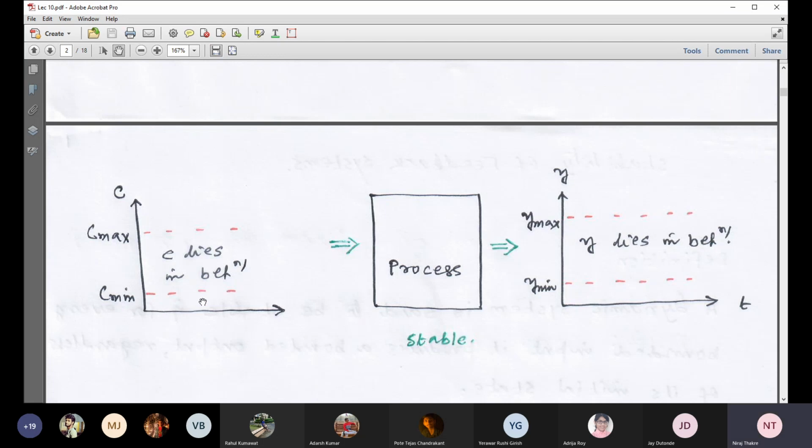The C lies in between C max and C min. So if we have bounded input and it is introduced to the process, we should have bounded output. Then only we can say that it is a stable process.